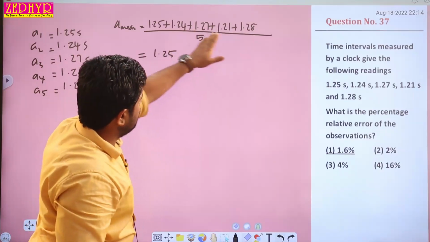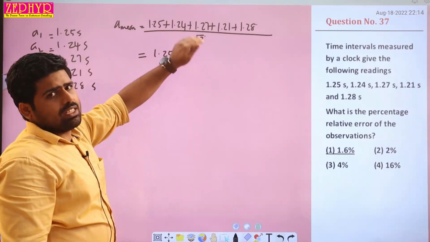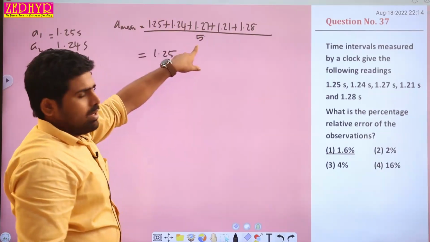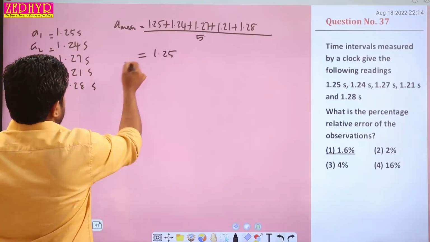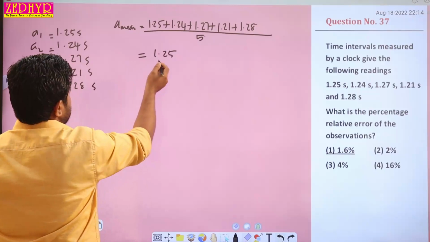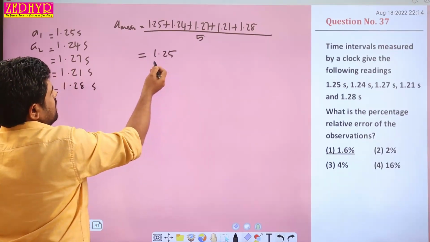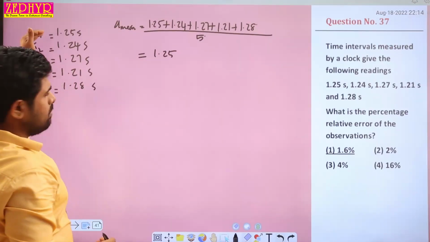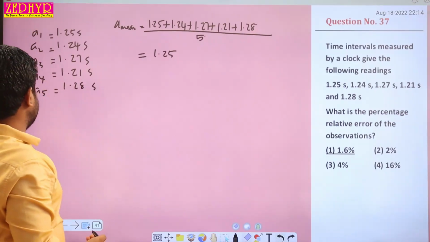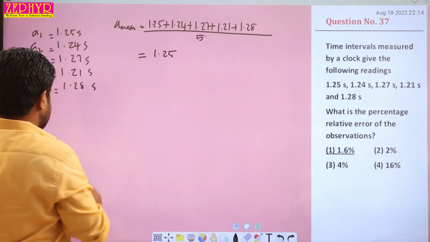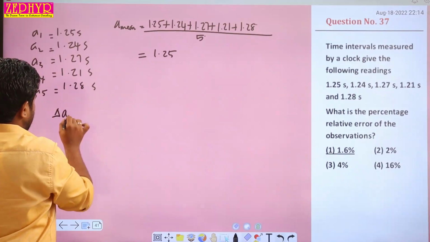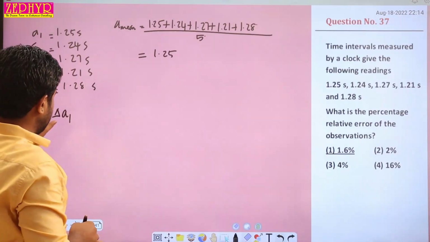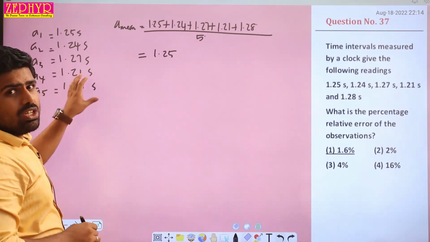You just add all these values and divide the sum by 5, then the result is 1.25. Then next, you subtract this 1.25 from A1, A2, A3, A4 and A5, and you get delta A1, that means the absolute error in individual measurement.